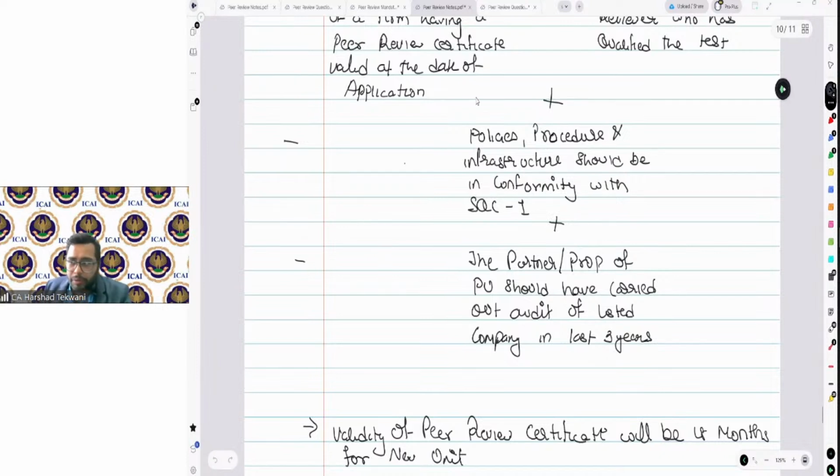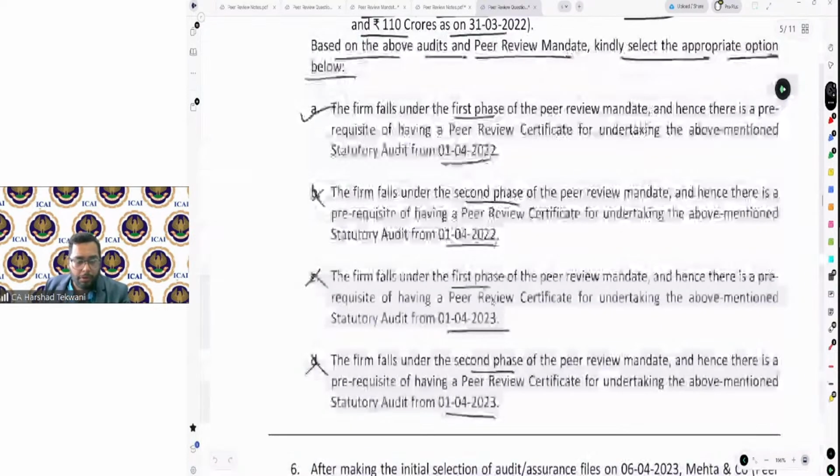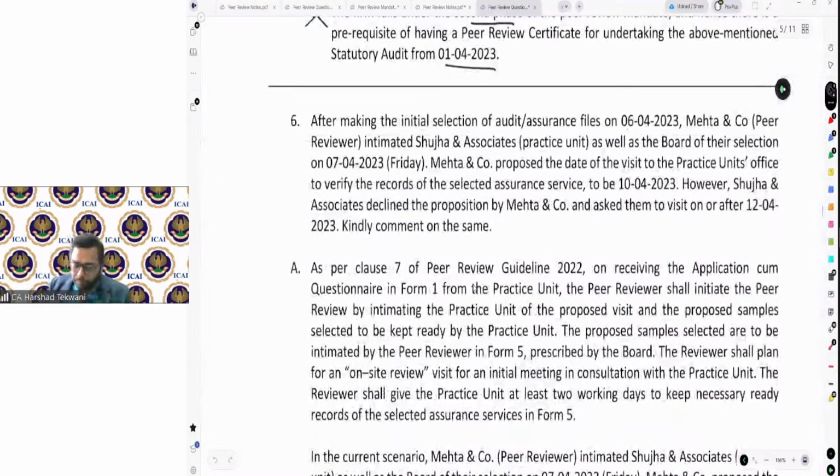Let me take another question. After making the initial selection of audit/assurance files on 6/4/2023, Meta and Company, the peer reviewer, intimated Sujai and Associates, the practice unit, as well as the board of their selection on 7/4/2023, that was Friday.